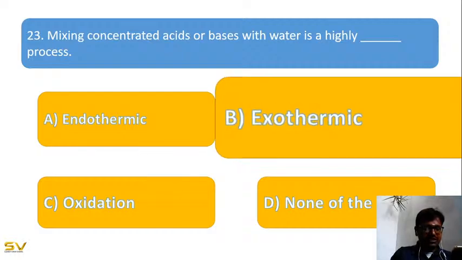So option B is correct. And if heat is absorbed, then we call it endothermic. Senior students may know that because they have those reactions also. But here too we have exothermic. We know these terms, I think.